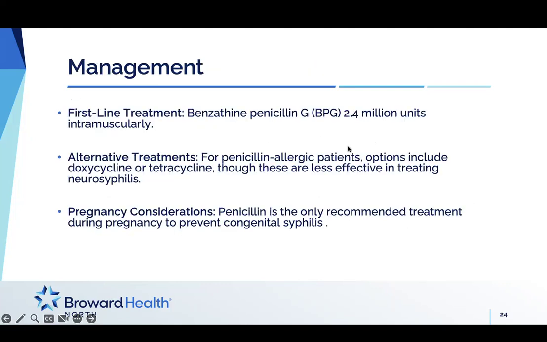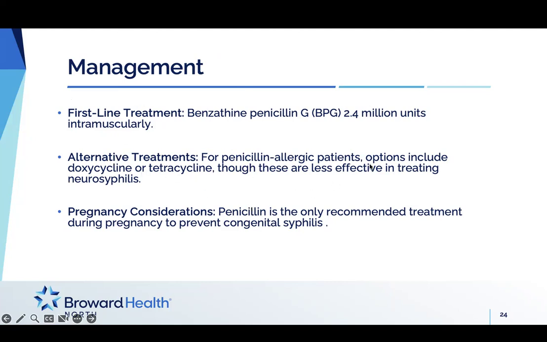in the outpatient setting. In regards to management, now we go a little bit deeper about the antibiotics, and we're going to talk about each stage, how it works, for how long. First line treatment is benzathine penicillin G. This is the amount of units, 2.4 million, that comes in the intramuscular shot. Alternative treatments, when do we use these?